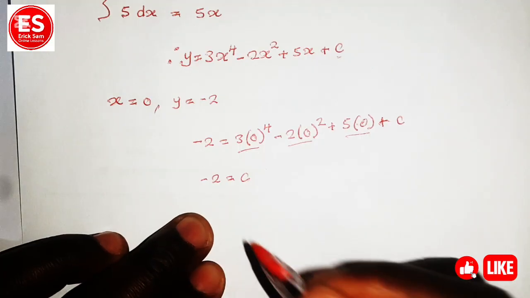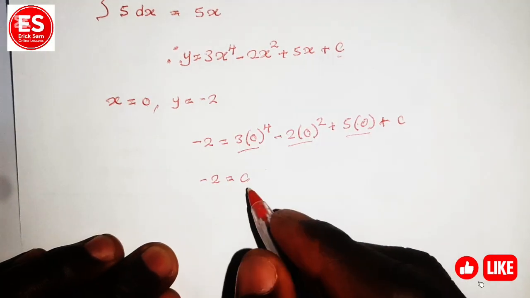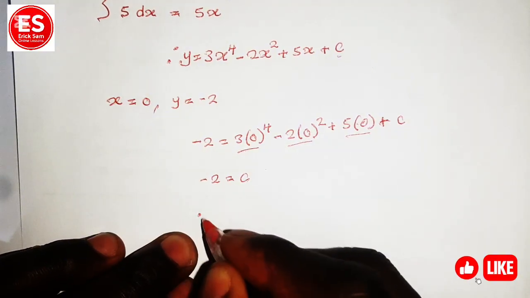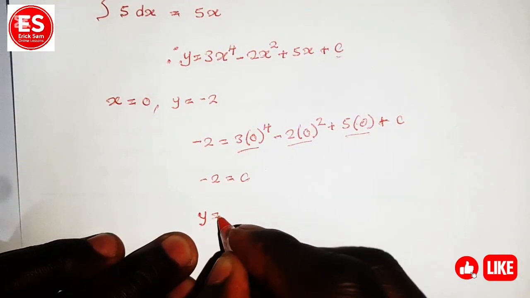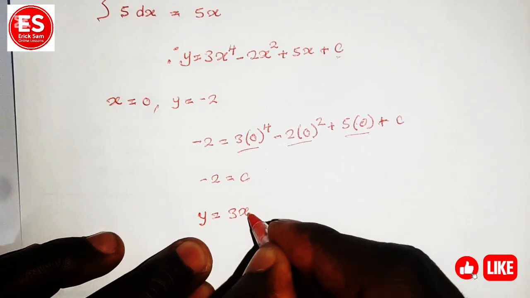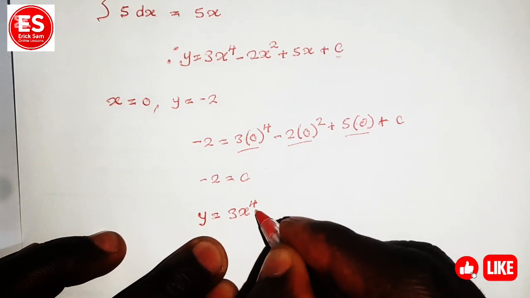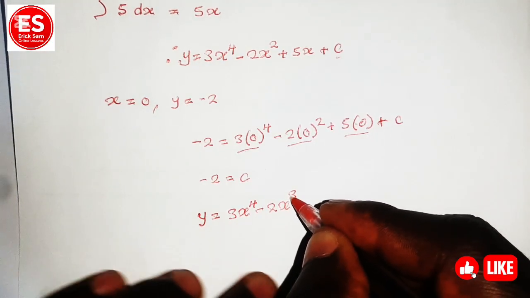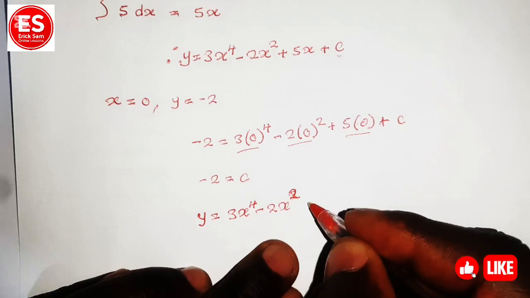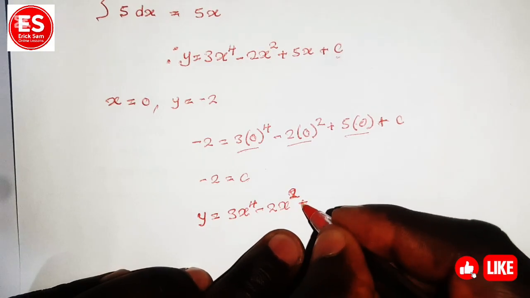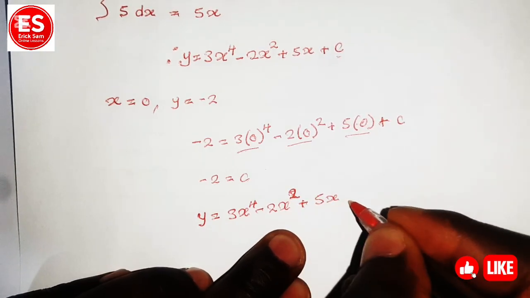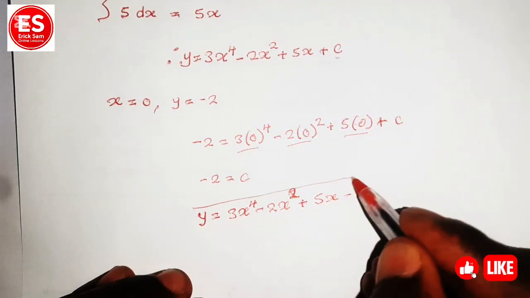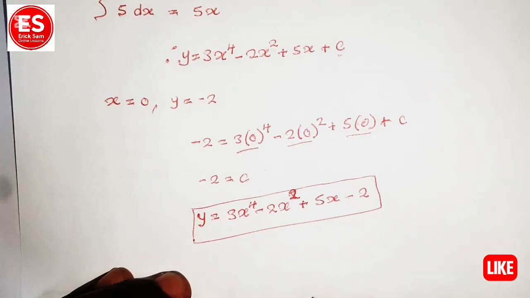Meaning c is equal to -2. So the final equation will be y = 3x^4 - 2x^2 + 5x - 2.